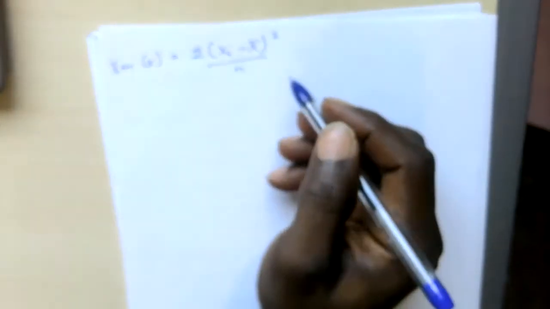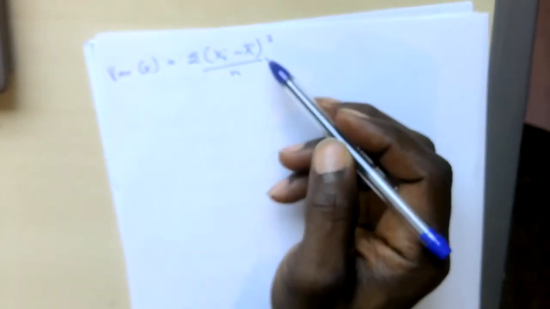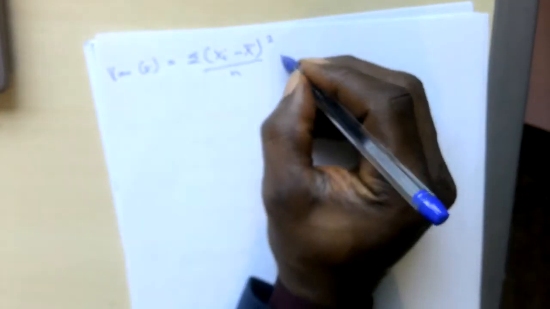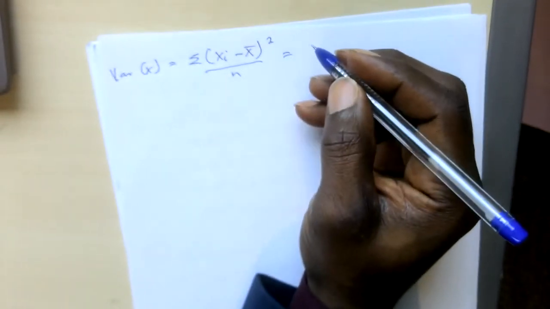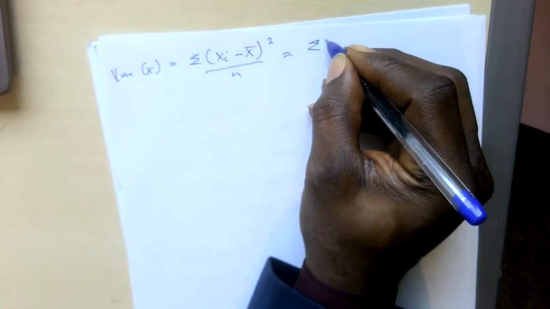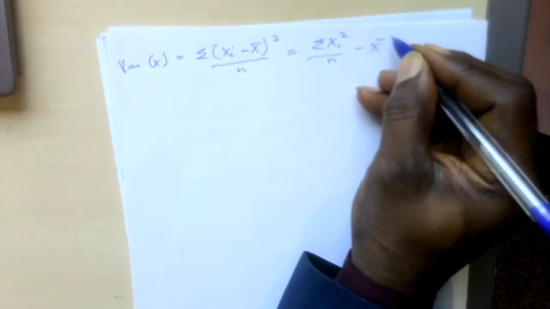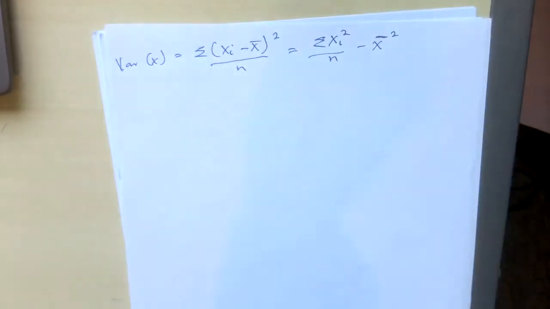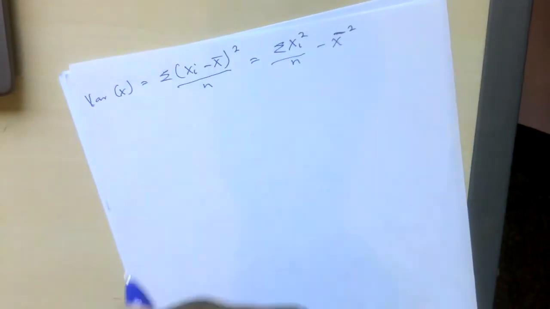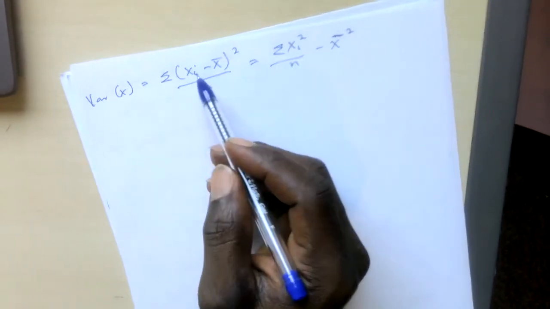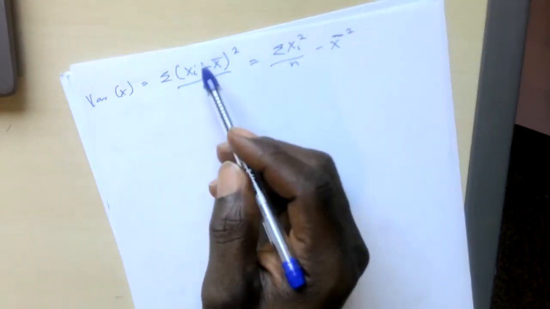Now I just want to prove that this is the same thing as summation of xi squared over n minus x bar squared. So let's prove this. Starting from the left, this is the main formula for variance.